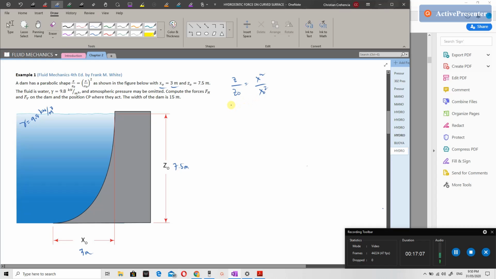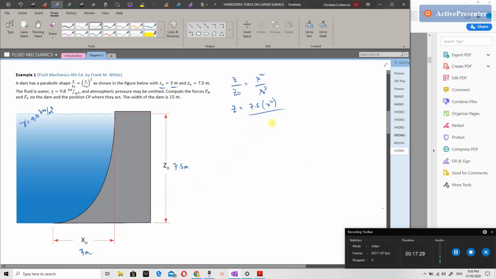So solving for z, that is equal to z sub o, which is given. We have 7.5, multiplied by x squared over x sub o squared.